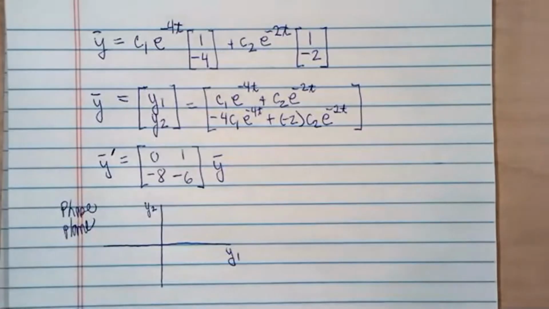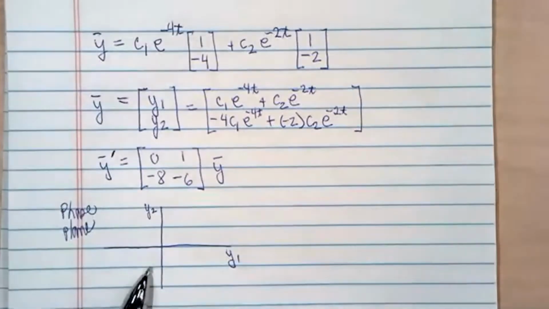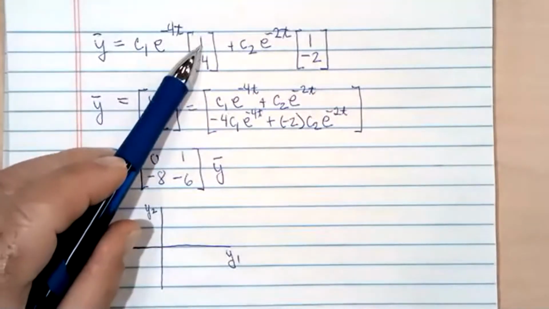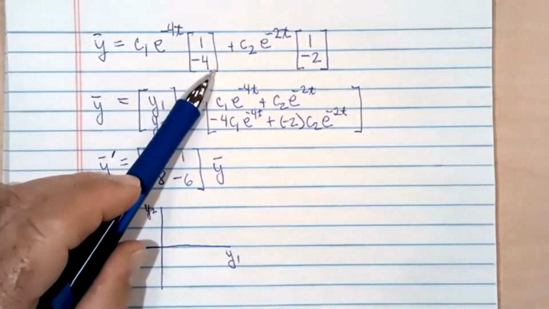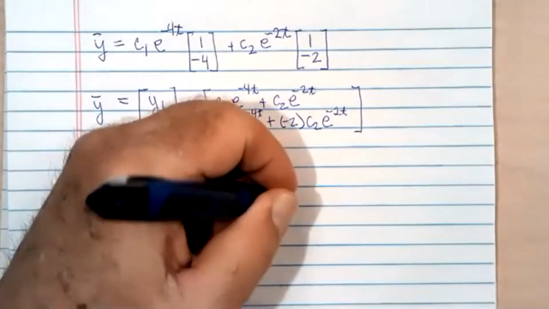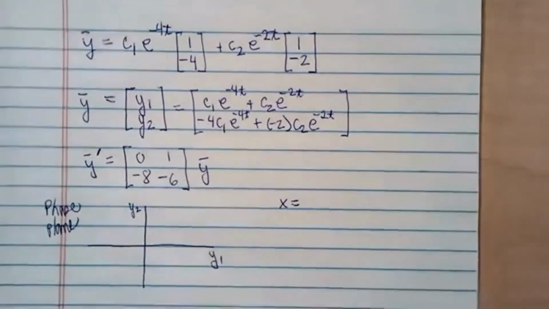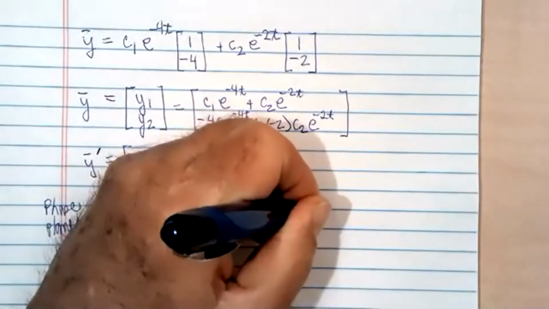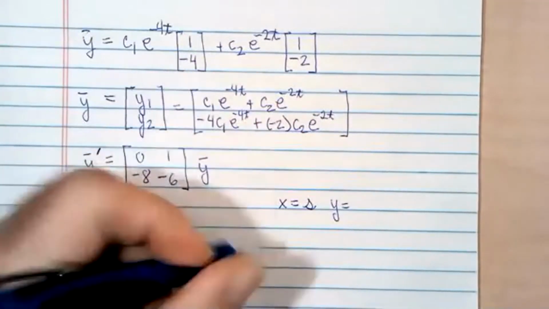Well, this vector says that along the x-axis, we have proportionally 1, and along the y-axis, we have proportionally -4. If you'd like to make it look a little bit more mathematical, you could say this: x equals s, and y equals -4s.